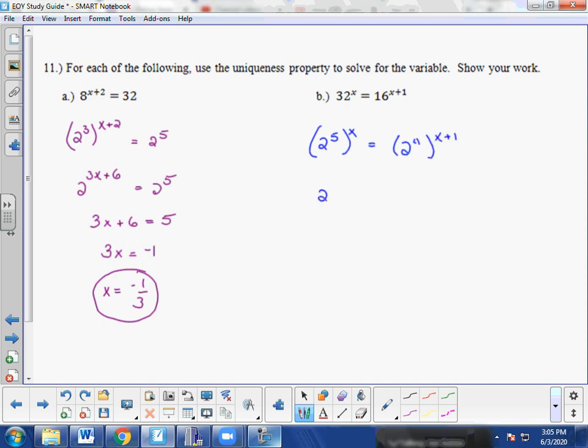Then if I simplify both sides of the equation, this is 2 to the 5x power equals 2 to the 4x plus 1 power. So because the bases are the same, the exponents must be equal. And then I can subtract 4x, so x equals 1.